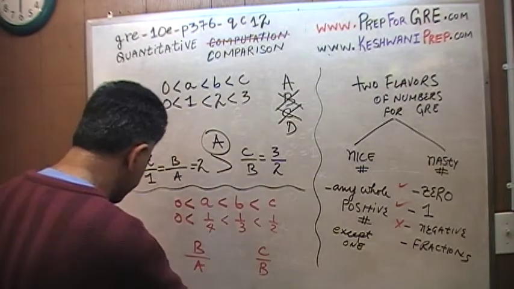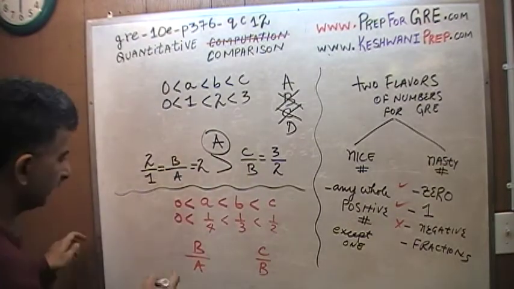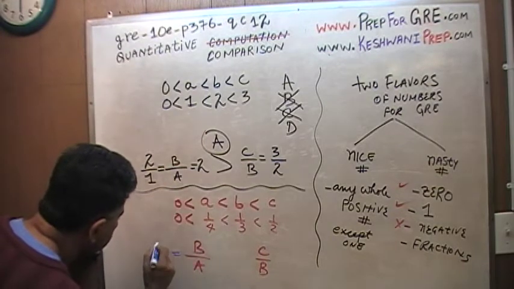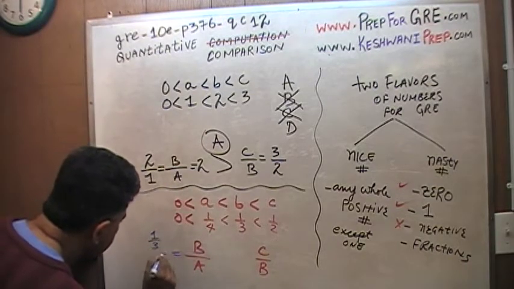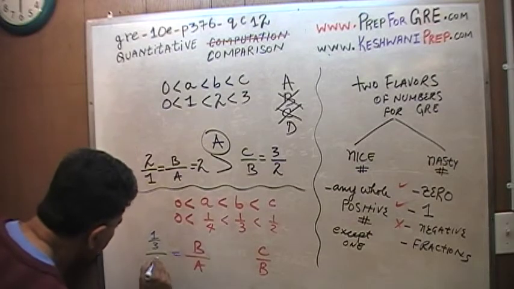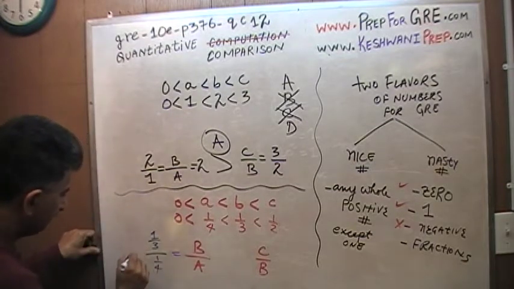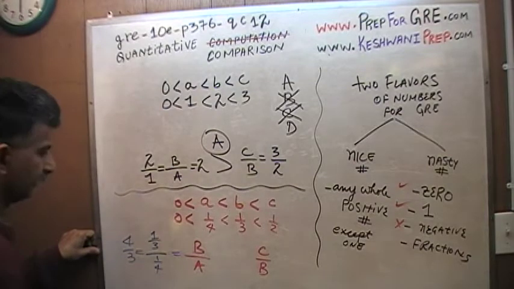Let's do it one more time. B over A: B is 1 over 3, A is 1 over 4. When you manipulate it, this 4 is going to end up on the top, and you end up with 4/3.